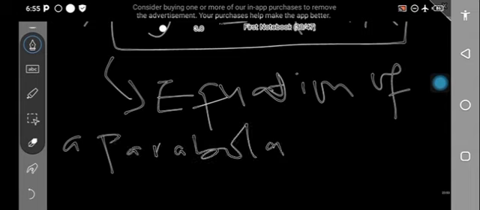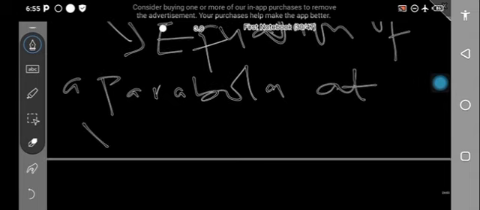This is the equation of a parabola at the origin.